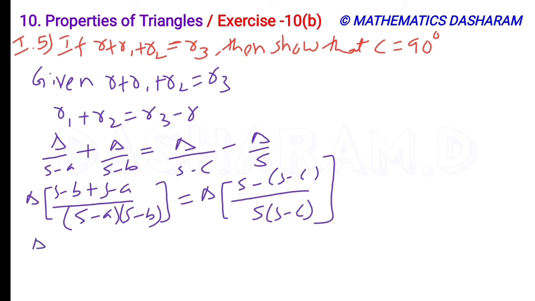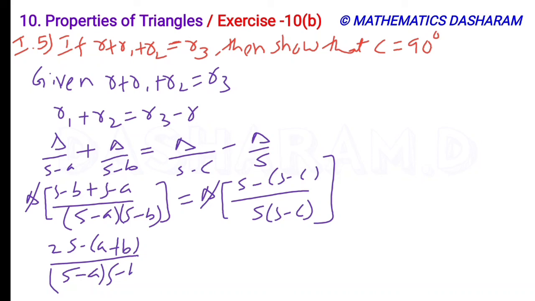So here we can cancel the delta on both sides. So s plus s is 2s minus bracket of a plus b, divided by (s minus a) into (s minus b), equals plus s minus s cancels, and minus of minus plus c, so c divided by s into (s minus c).